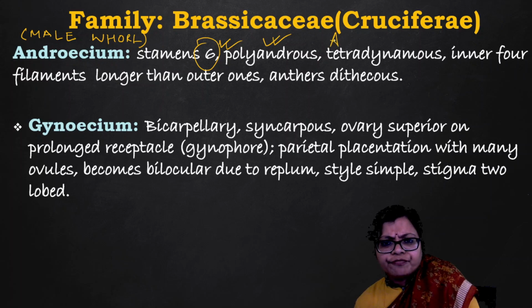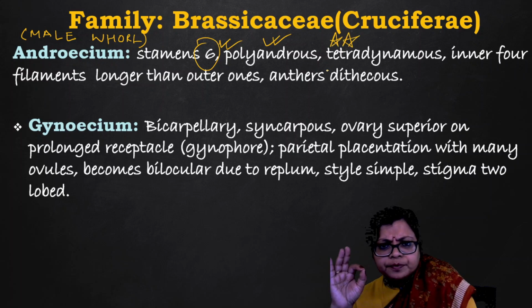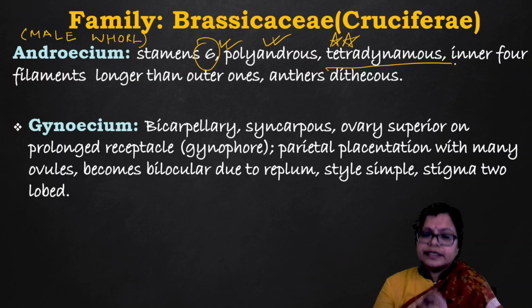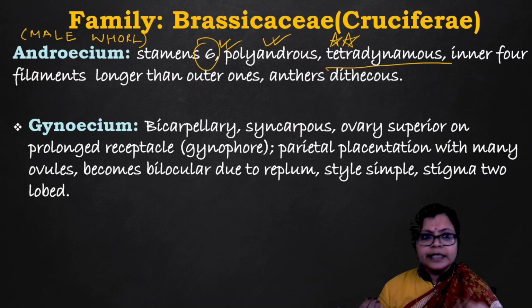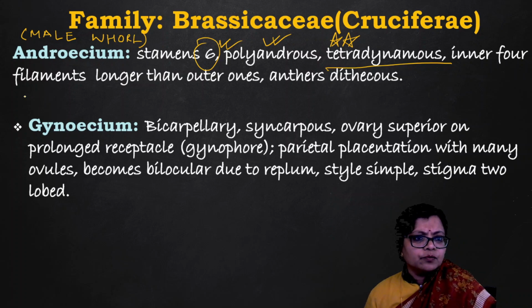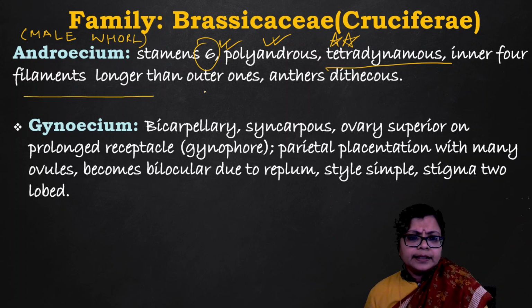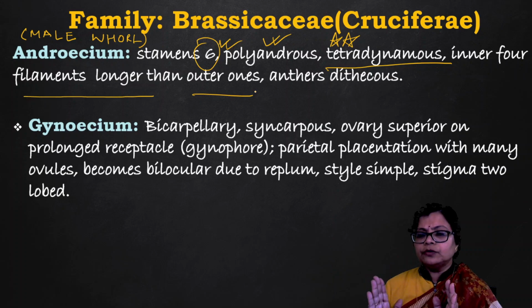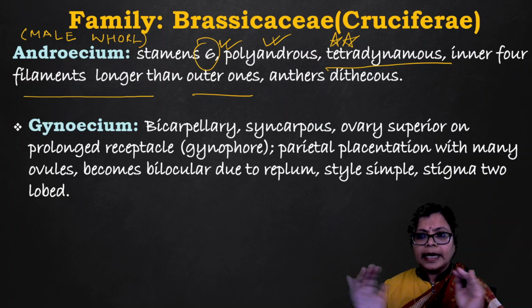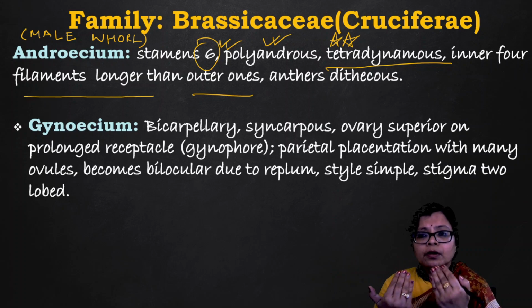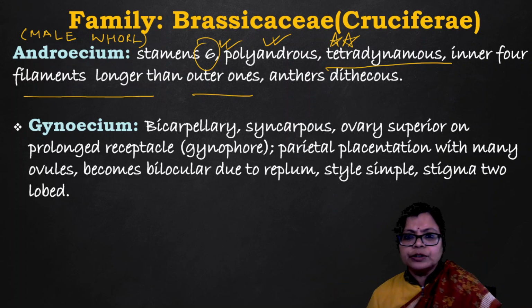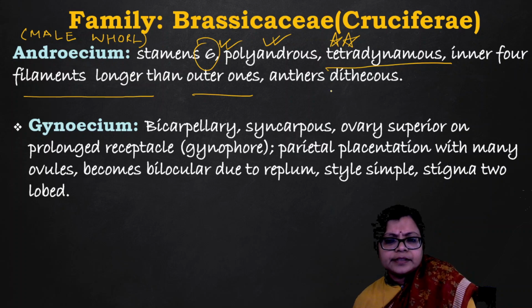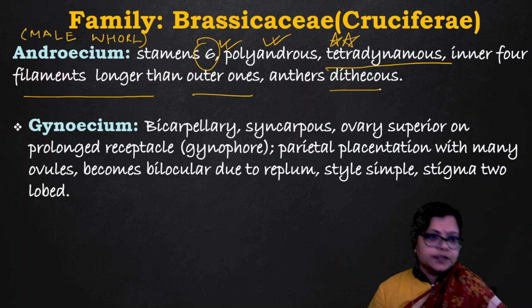Tetradynamous, again a very unique feature of this family. Tetradynamous means arranged in 2 whorls, the inner 4 filaments are longer than the outer ones. Outer 2 filaments are short and the inner 4 stamens are with long filaments. Already I have shown you the diagram. And anthers dithecous means 2 lobes are present.